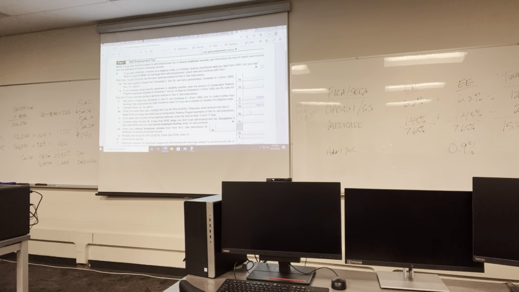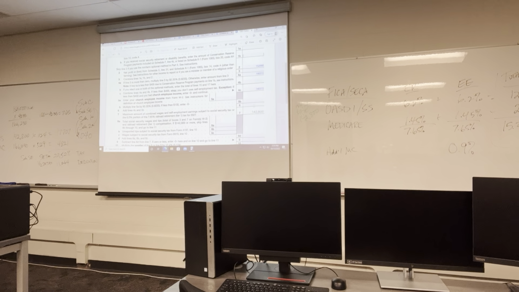Combine lines 4A and 4B, okay, 4372. Are you a church employee? Nope. Multiply line 5, we don't need that. Add 4C and 5B, 14372. Maximum amount of combined wages and self-employment earnings subject to Social Security tax for the 6.2 portion, we don't need that.